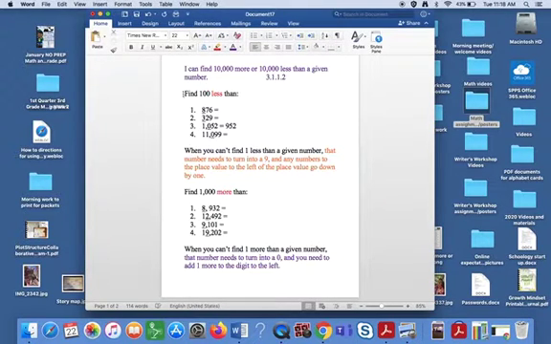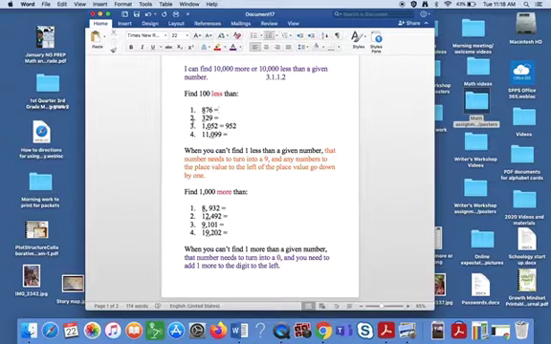So first, let's look at these problems I have written here. It says find 100 less than. To make it easier, especially with larger numbers, it's good to underline the place value you're working with. For number one, I have 876, and I want to find 100 less.